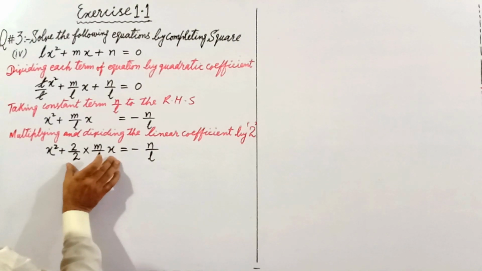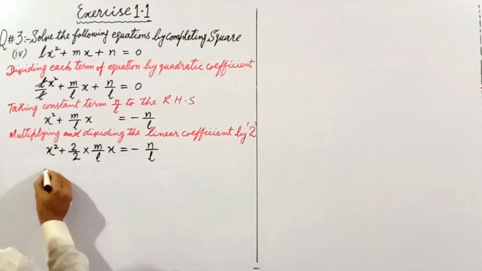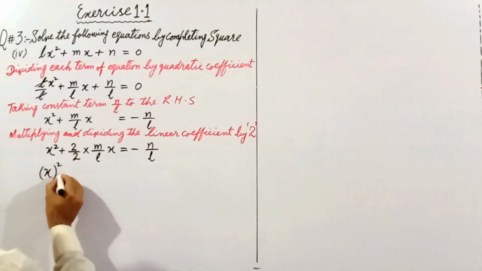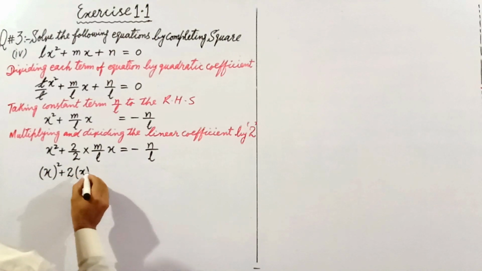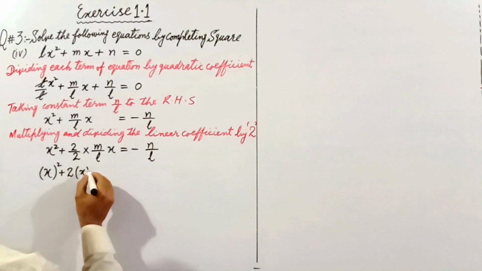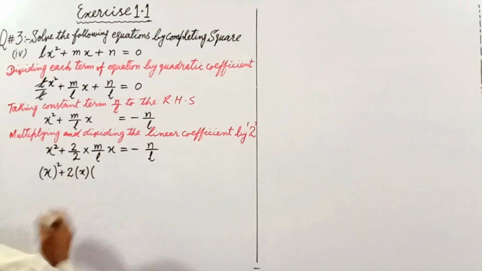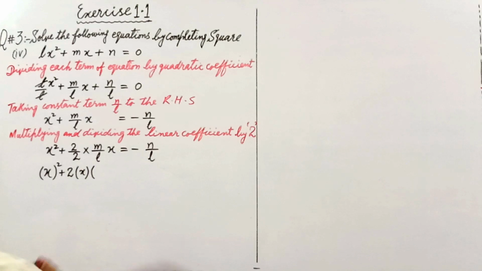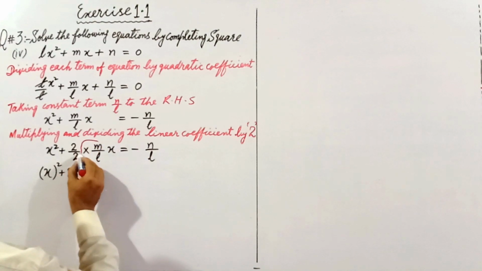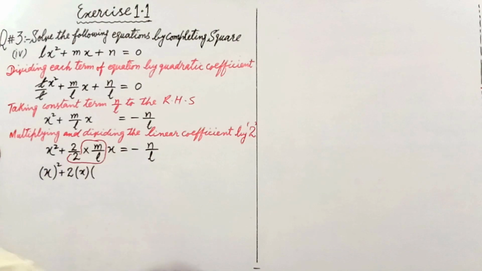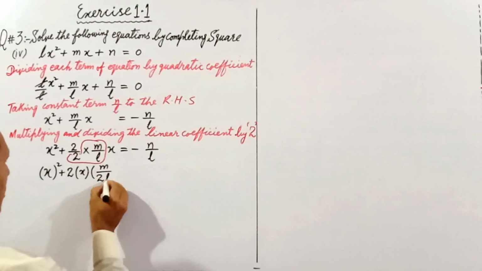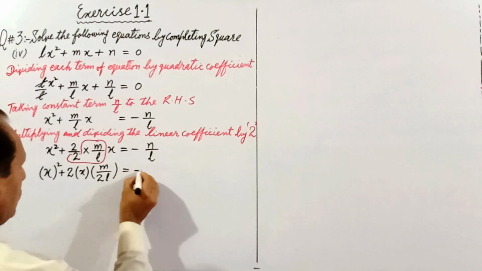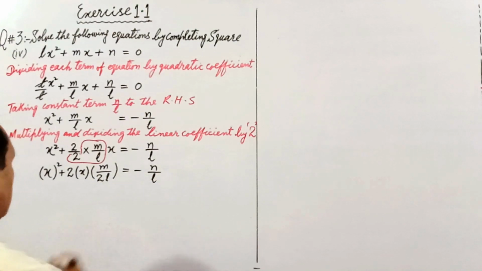Rearranging this term for a perfect square, we have x square plus 2. The first term of the two times product is x, and the second term is m over 2l.